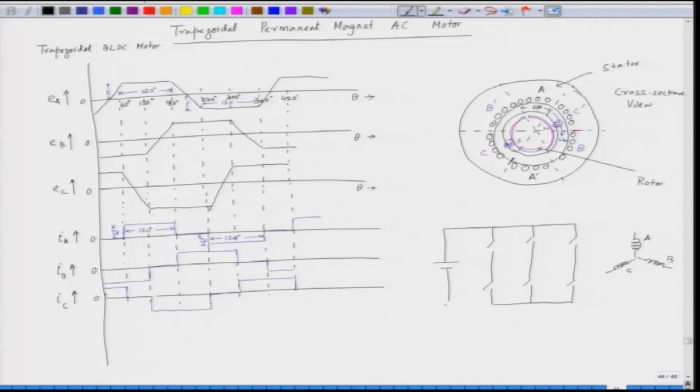This is a DC input here, VDC, and this current here is ID, and we have the switches having antiparallel diodes here. The switch is a transistor, and we have the antiparallel diodes. This is a VSI structure.